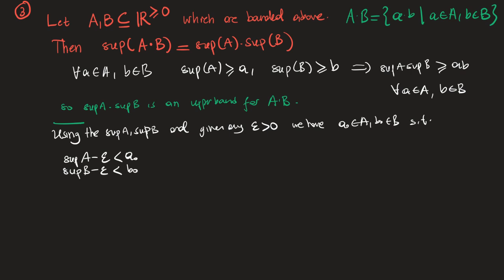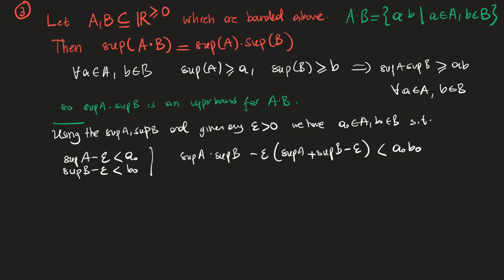So we can multiply each side. This is positive, this is also positive, so multiply them. So we have sup A times sup B minus epsilon times (sup A plus sup B) is less than a0 b0.